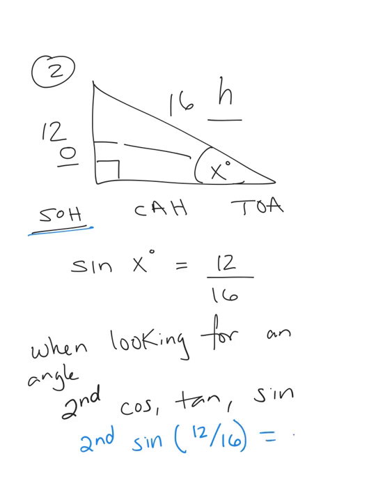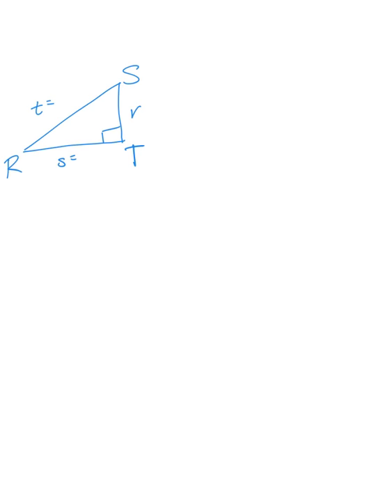And you're going to get the value of x. Go 2 places after the decimal, you get 48.9 degrees equals x. Verify that that makes sense because of the sides and the angles.